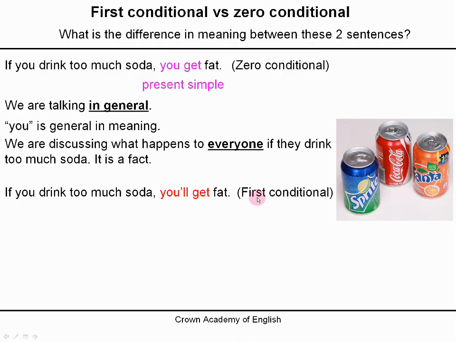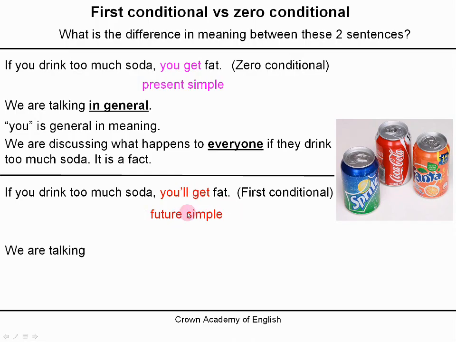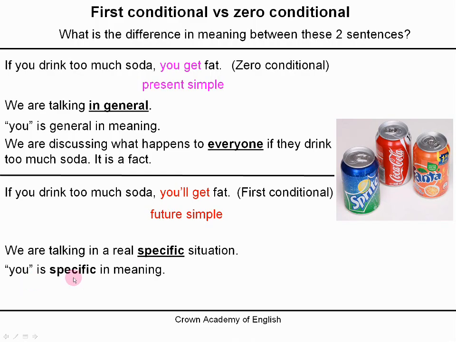But here, the first conditional, as we have seen today, is the future simple. But here, we are talking in a real specific situation. You is specific in meaning. If you drink too much soda, you, Mark, or David, yes, you, then you will get fat.